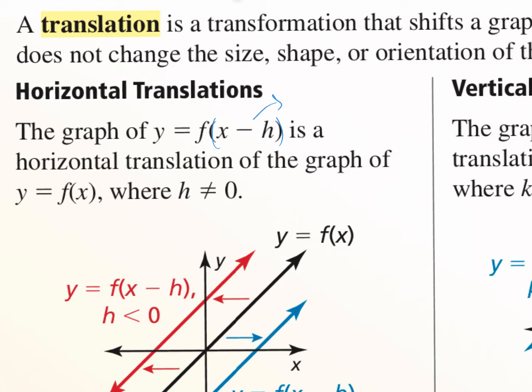This will always, 1,000% of the time, be a horizontal transformation. Write that down. Okay? So when it's inside the parentheses, when your transformation is inside, you are horizontally transforming your graph. Transforming it into what? You're going to find out, okay?